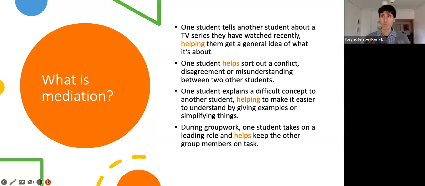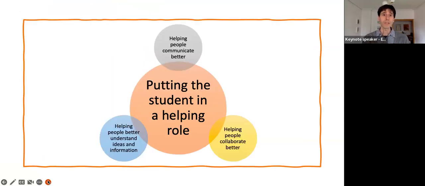Basically, communicative language activities where a student is expected to help another student in one way or another. And that's what I'll be talking about today: how we can create communicative classroom activities that expect students to help each other, putting one or more students in a helping role.